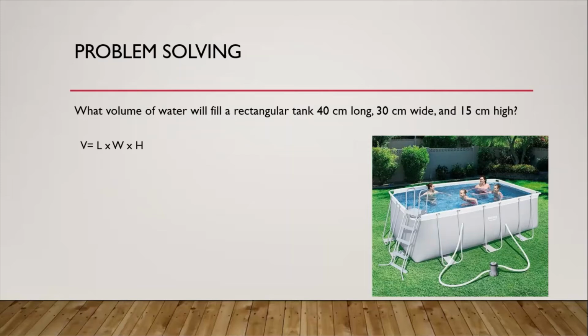The length is 40 centimeters, the width is 30 centimeters, and the height is 15 centimeters. So 40 times 30 times 15, the volume of the rectangular tank is 18,000 cubic centimeters.